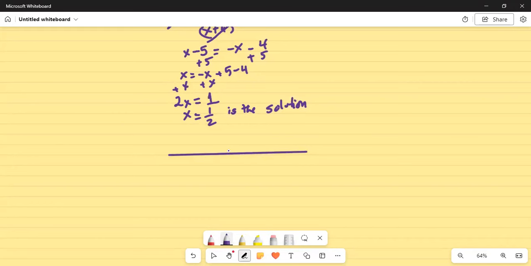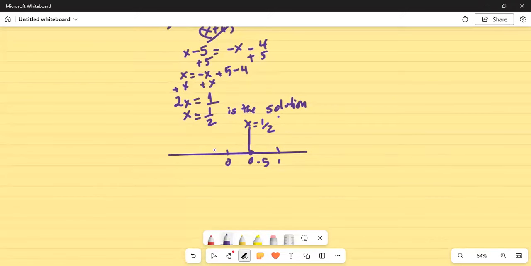Okay, let this be 0. This is 1, and this is half or 0.5. So I have two regions to consider. This is x equal to half or 0.5.